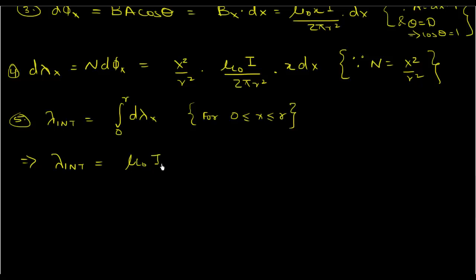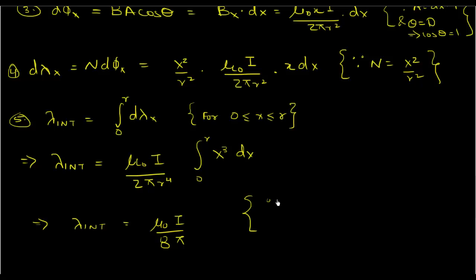So mu I over 2 pi r to the power 4, and then inside the integral we have 0 to r x cube dx, and that gives us a value of mu I over 8 pi, because when you do your integral from 0 to r x cube dx, that is equal to r to the power 4 over 4, r to the power 4 cancels out, and you have 4 multiplying with 2 pi to give you 8 pi.